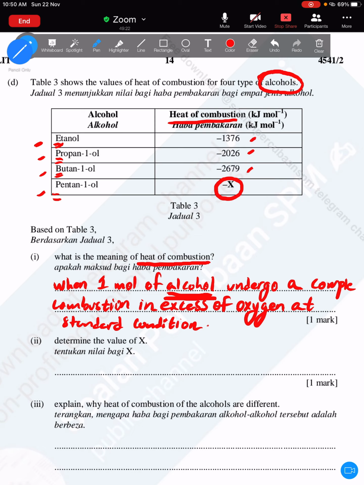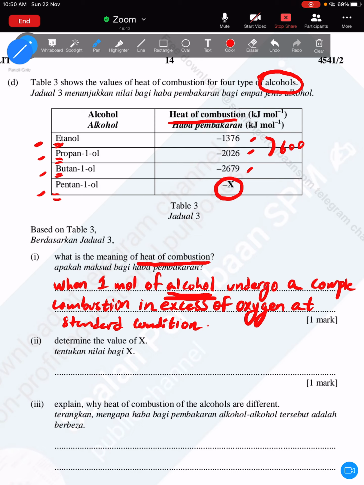Okay, determine the value of X. Guys, roughly, macam mana nak determine, if you look, around here to here is 600. Around 600, sorry.